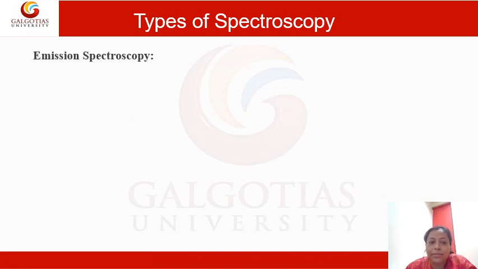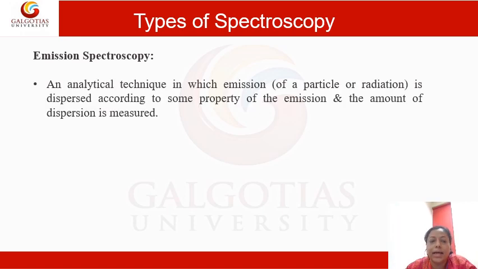Now, after absorption spectroscopy, we have emission spectroscopy. This is the other type of spectroscopy. It is an analytical technique in which emission is dispersed according to some property of the emission and the amount of dispersion is measured.